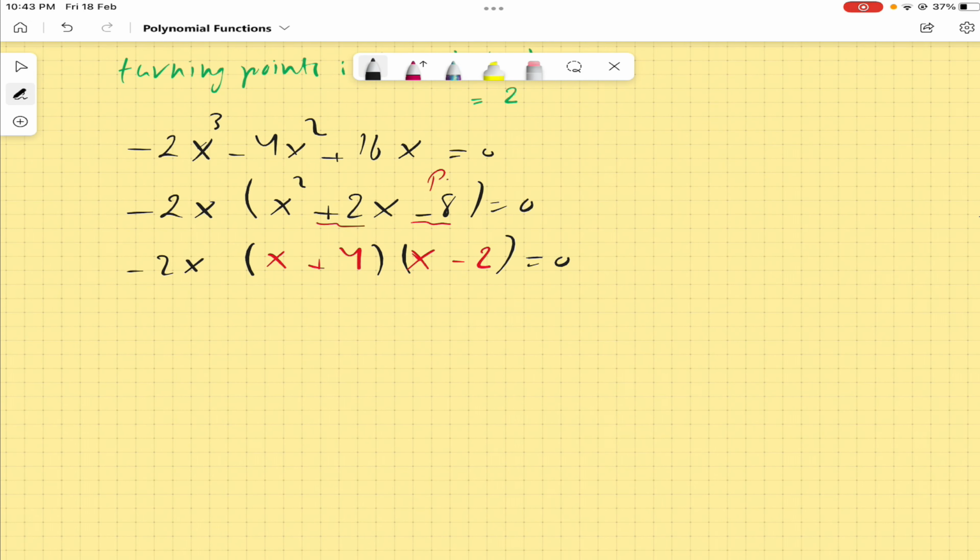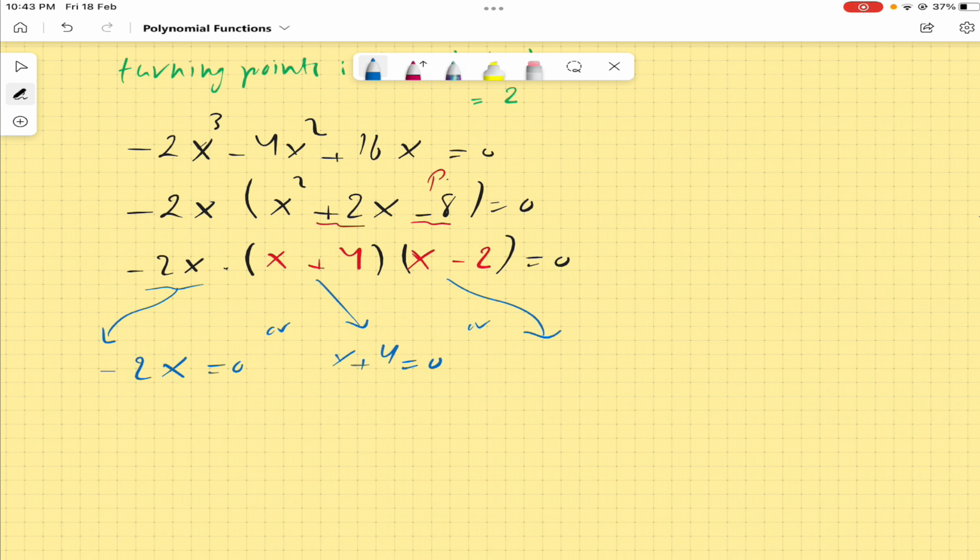It's factored now, we can start finding the zeros, according to the zero product property. The first factor is equal to 0. The second factor is equal to 0, or the third factor is equal to 0.